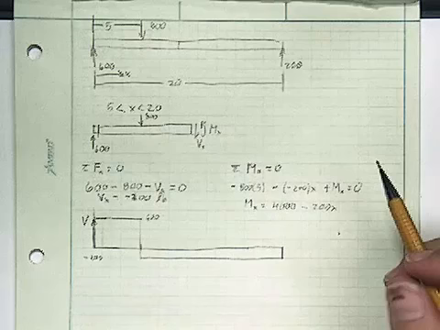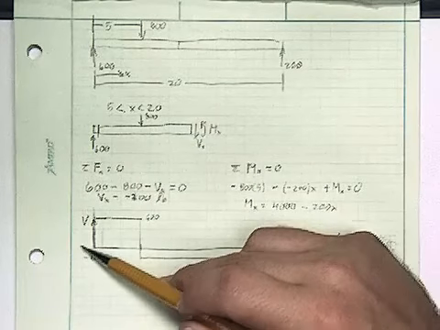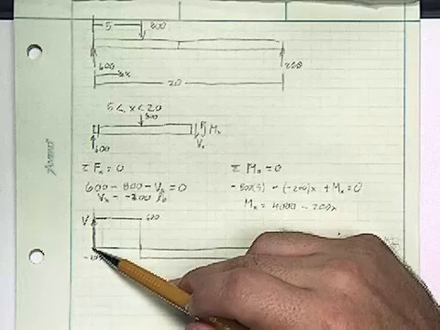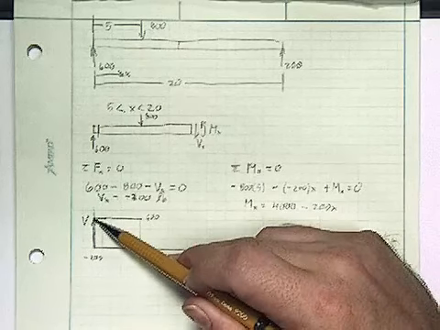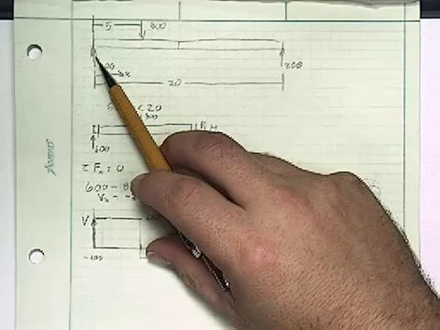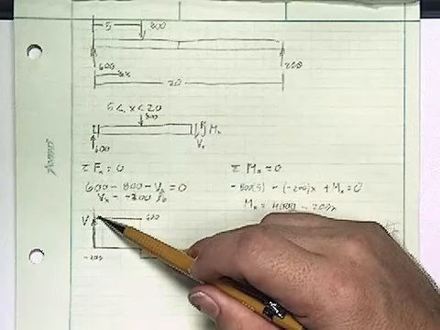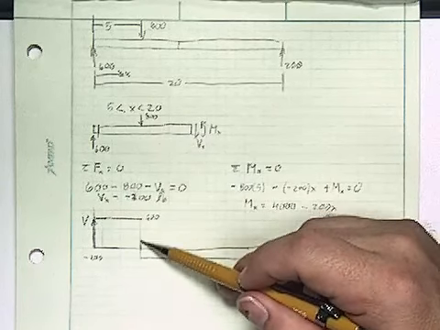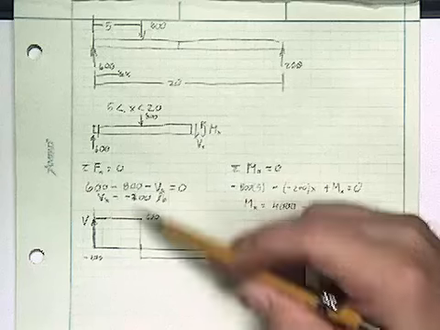Now let's take a look at what this looks like. At 0, coming from the left-hand side of the beam, as soon as I get inside the beam, there's now a 600-pound shear load that matches this 600-pound load that's occurring in the same direction. Okay. At 5 inches, I go down 600 and then down another 200. So I actually dropped 800 pounds. That makes sense.